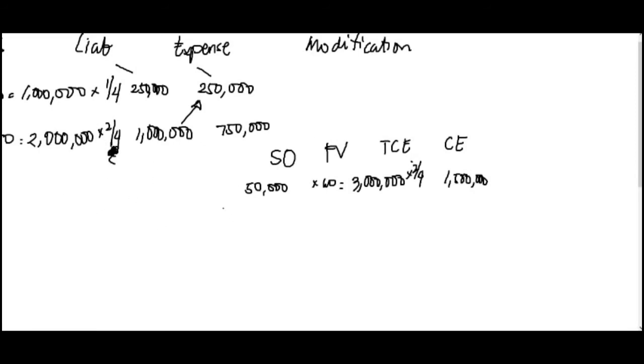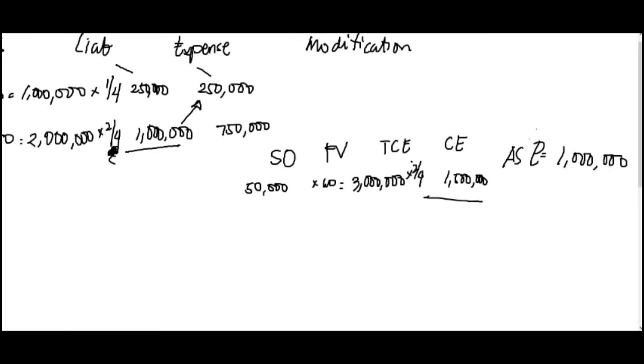Sabi ni standard, you must know the difference between the total liability component and the equity component. Okay, so pagtamain natin, the liability component is actually 1 million. Ito yung dapat mong bayaran. This is your accrued salaries payable.